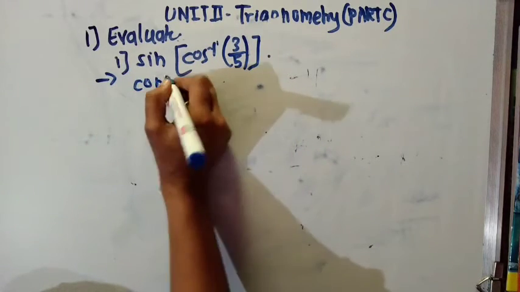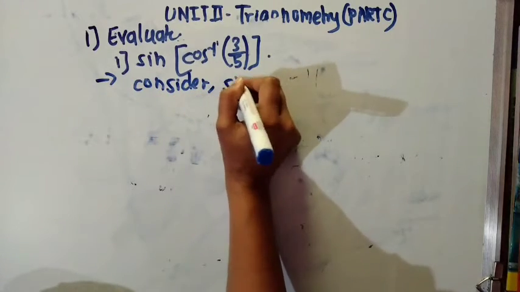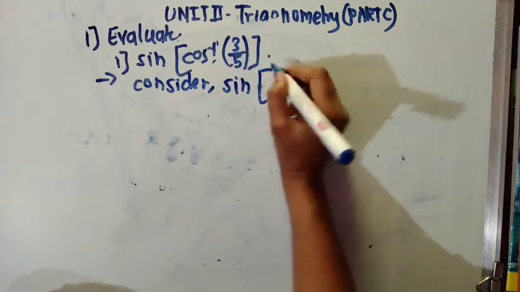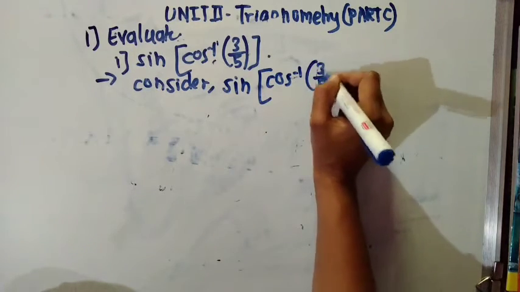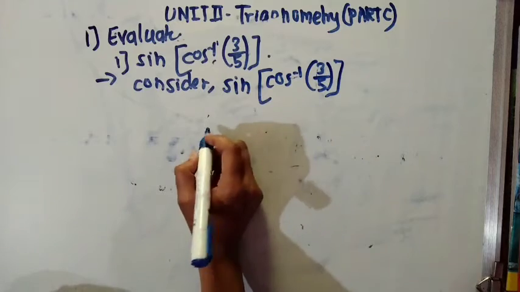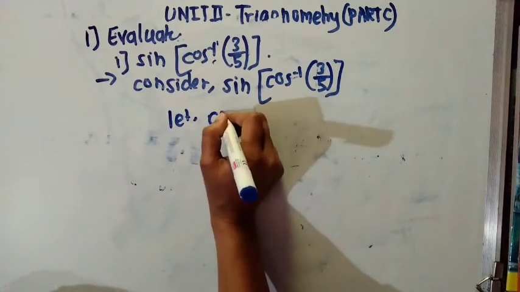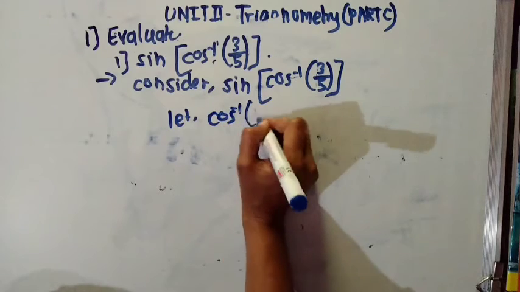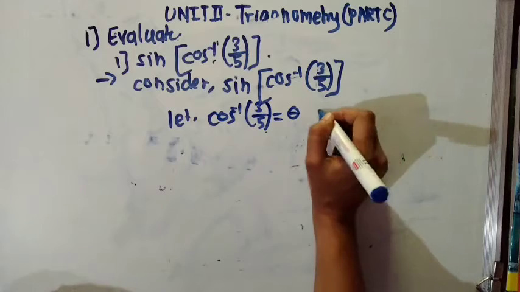First, let us consider sin of cos inverse of 3 upon 5. Let cos inverse of 3 upon 5 be equal to theta.